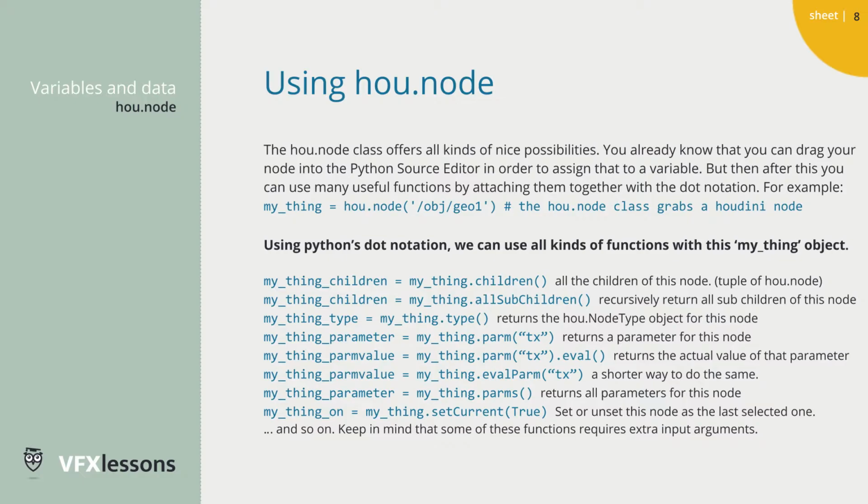We can say myThing.parms with an s, and this will return all parameters of this node. We can say myThing.setCurrent, and then with the word True capitalized in there, and it will make your active node the selected one, and so on. So keep in mind that some of these functions require extra input arguments, and we will cover those in much more depth, especially when we discuss functions inside of Python in Houdini.